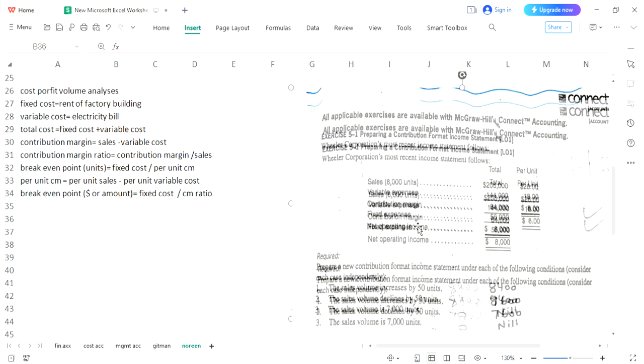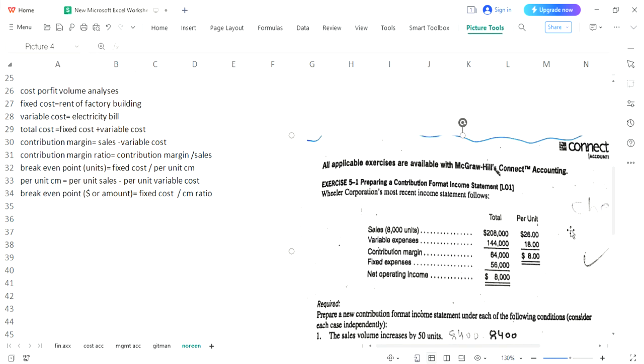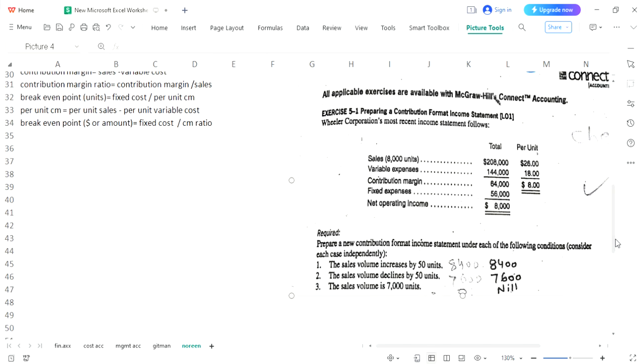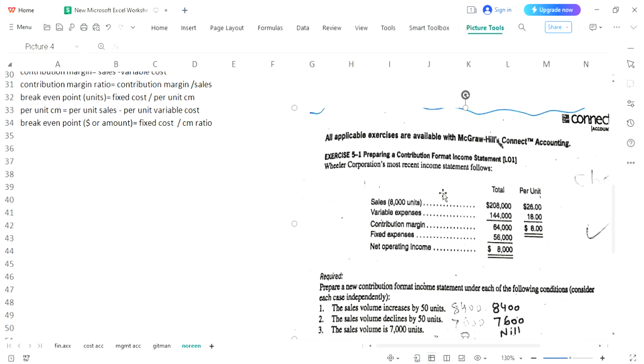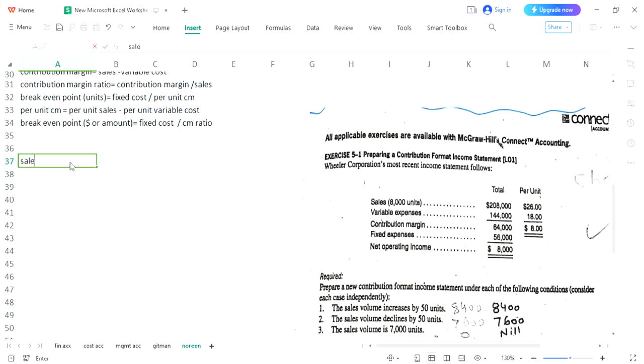We are now focusing upon our question, and we'll see what the requirement of this question is and how we would solve it. You can see here already a statement has been provided. Statement of what? That is contribution margin statement, and we know that the very first step is to take sales, and then you will subtract variable cost.